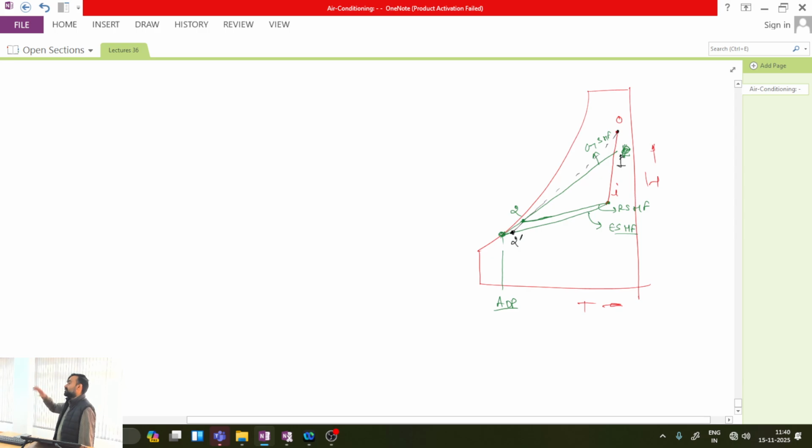I would have first used some value of QBS corresponding to which I would get some supply state 1. Then I would have created the GSHF line, and from the GSHF line I would have got some value of bypass factor, and then I had to iteratively check if that bypass factor is satisfying the given bypass factor or not. Okay, again how? Let's do the numbers, then it will be more clear to you.